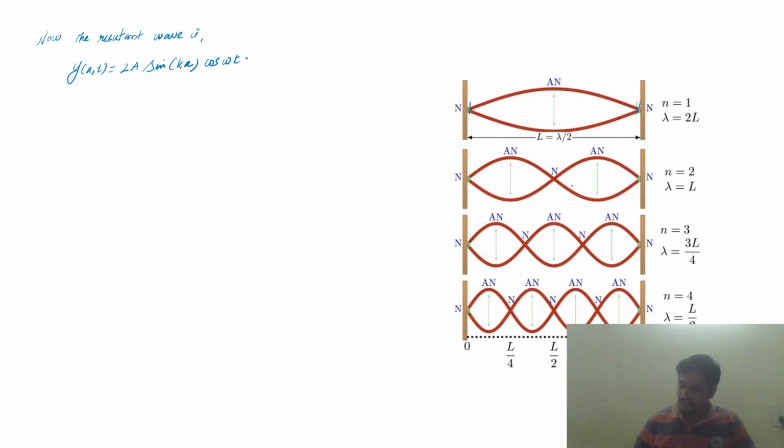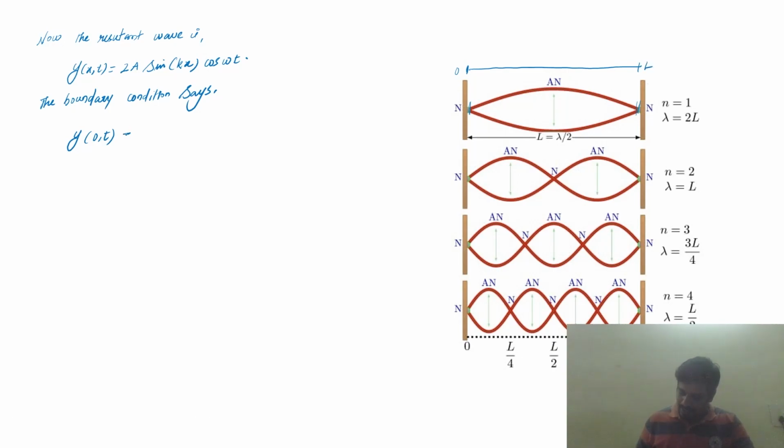At these two boundaries, all the waves have zero amplitude. So the boundary condition says, at y(0,t)... Suppose you are taking the wire, this end is 0, the other end is at L. The length of the wire is L.